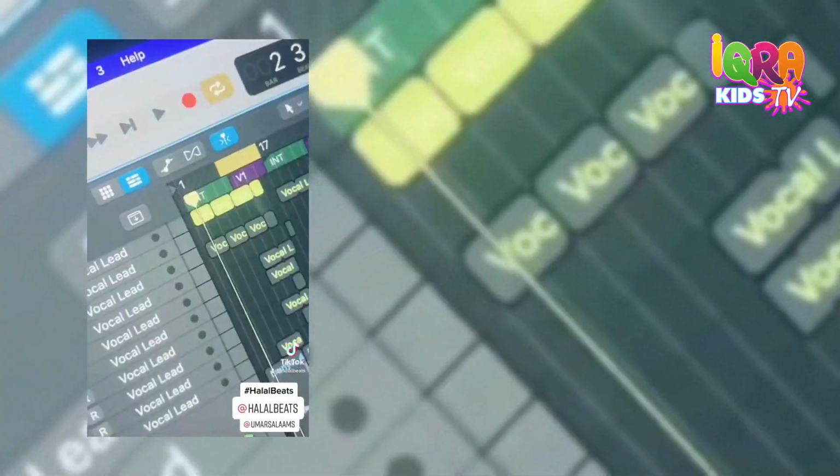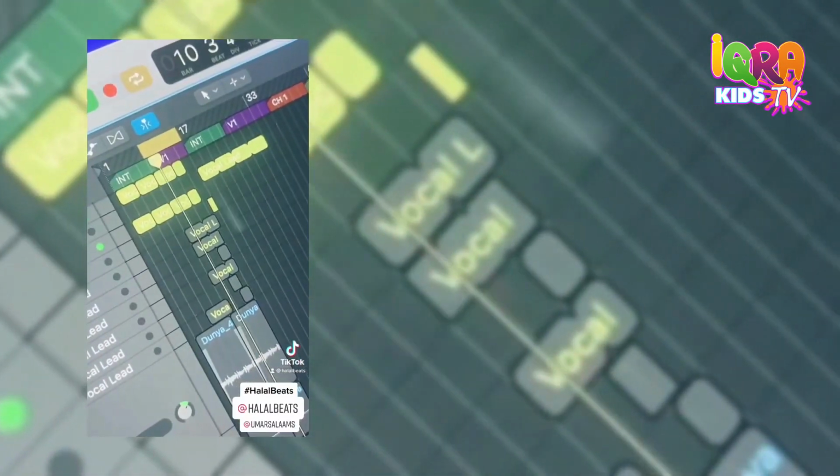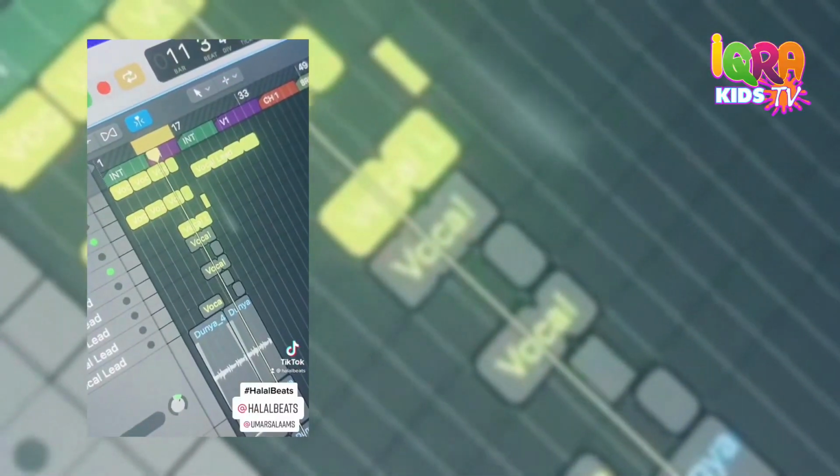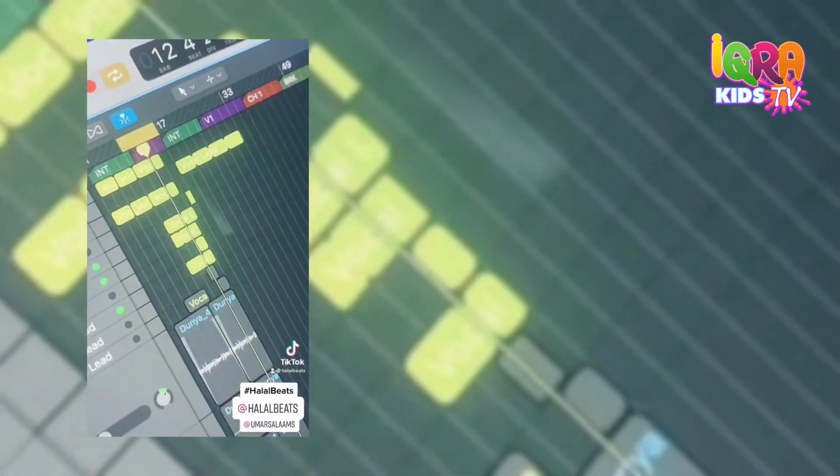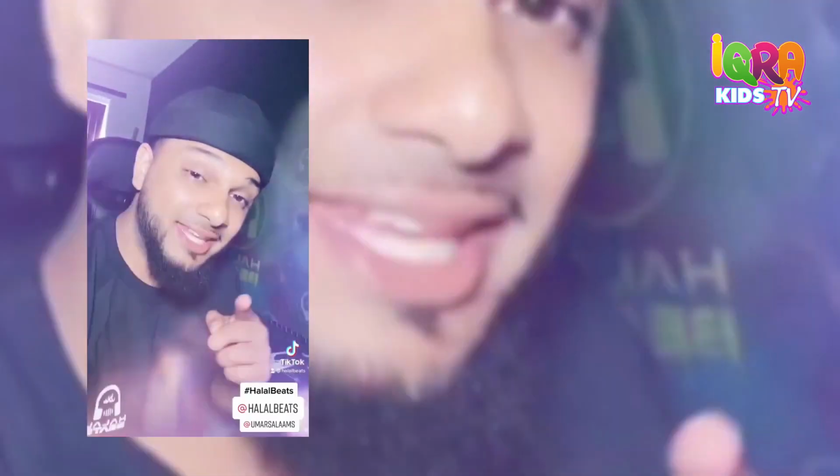Moving on to the vocal leads, we're going to play them one by one and see how they sound. And this is how it sounds together.